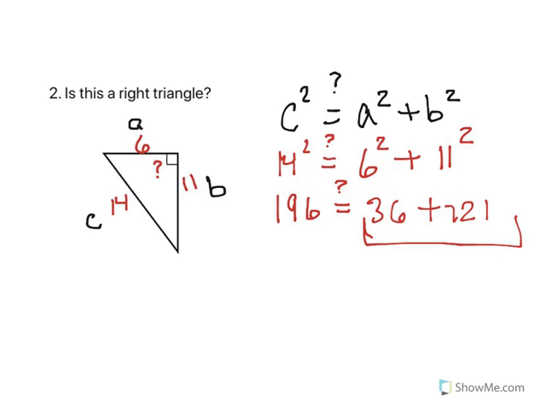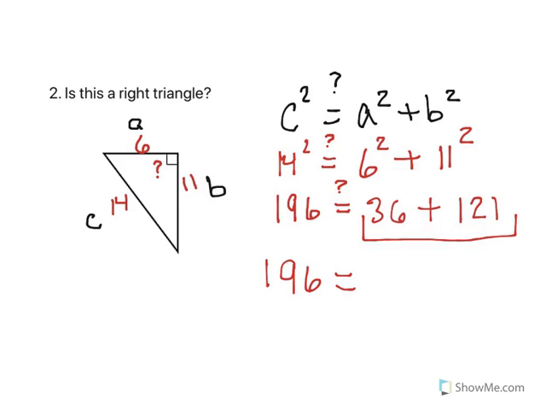So add these two together and see if it gives me 196. So 36 plus 121 is 157. So these two are not equal. So we put a slash with that equal sign. Those two are not equal. In fact, 196 is greater than 157.